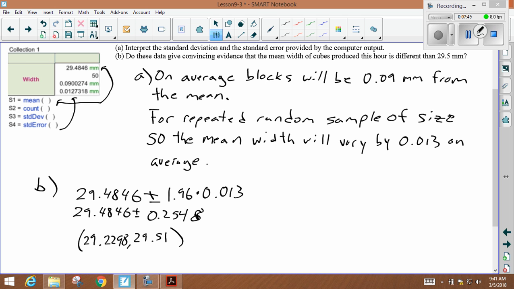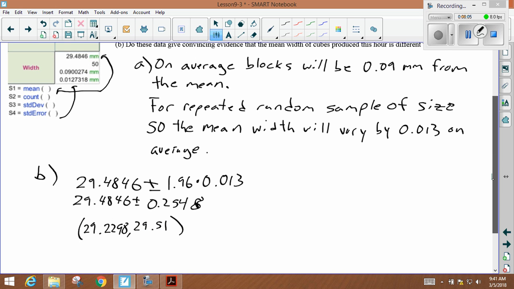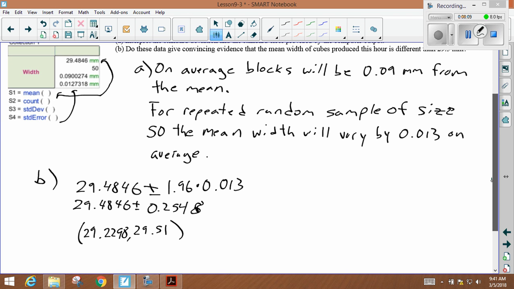All right. Well, our mean that we are looking for is in there, right? Because it was 29.5, right? Yeah. So just barely, but it's in there. I would say that probably they're not different.